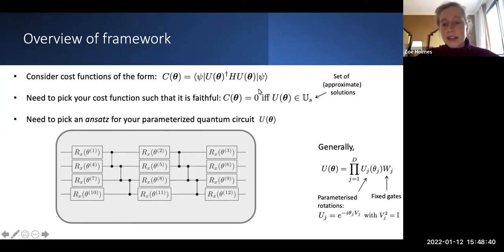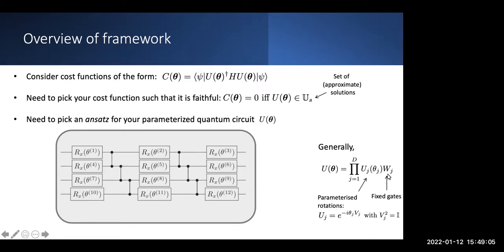What you want is that the unitary corresponding to the theta that minimizes your cost is contained within the approximate set of solutions. And also that any theta that is in your set of solutions minimizes your cost. So it doesn't need to be 0, it just needs to be the minima. Thank you. Cool.